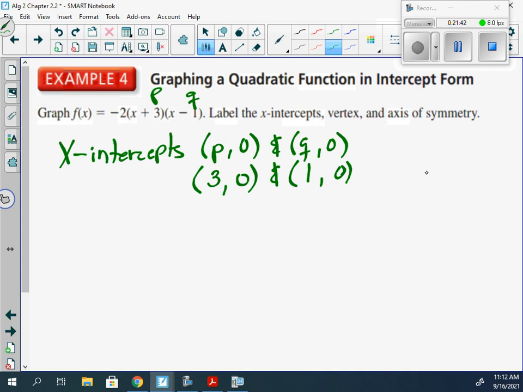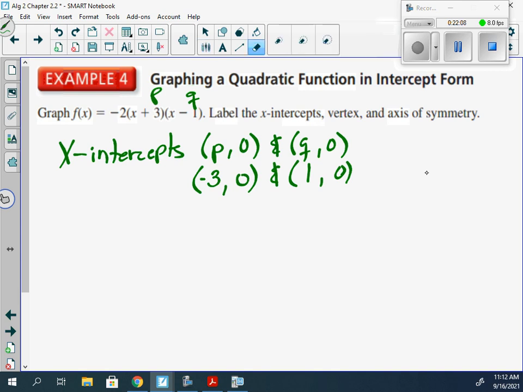So if it's x minus P and we have x plus 3, the value of P is not just 3, but it is negative 3. And when we have x minus 1, the value of Q is positive 1. So again, with these parentheses, the values that come out are going to be the opposite of what we think, because it's plus 3 inside the parentheses.